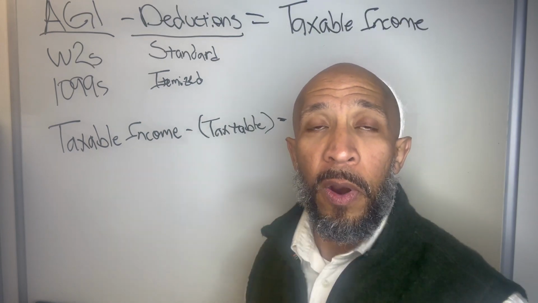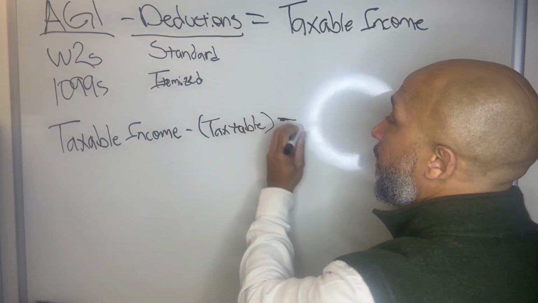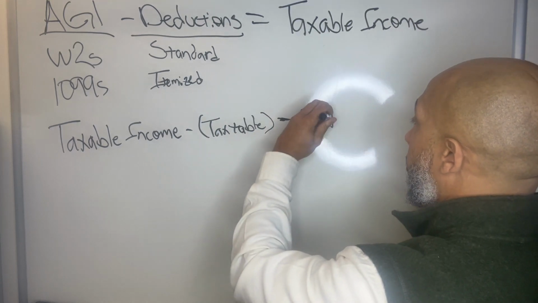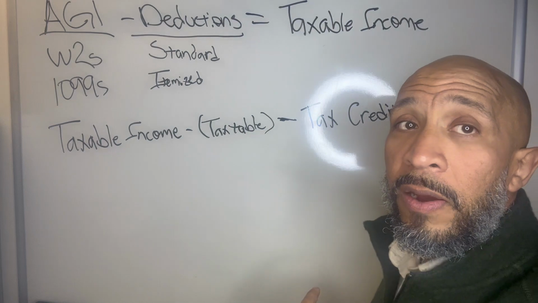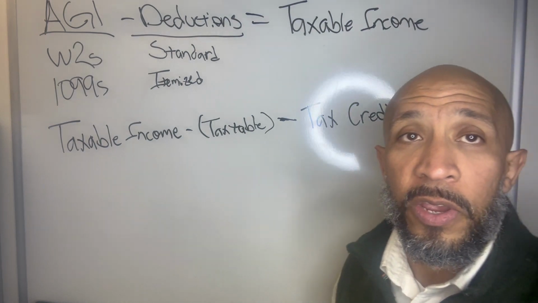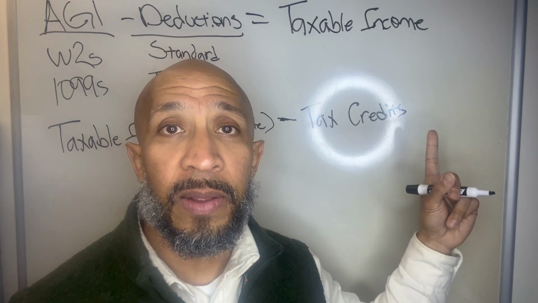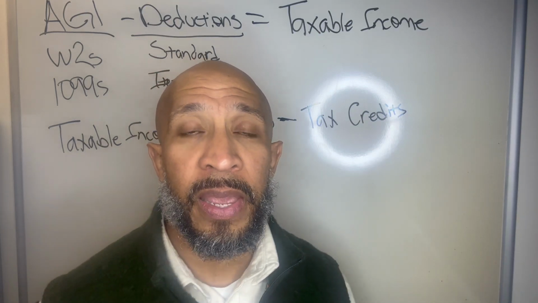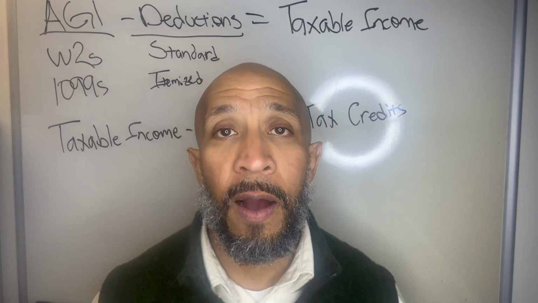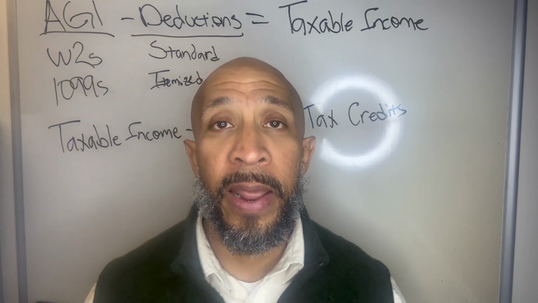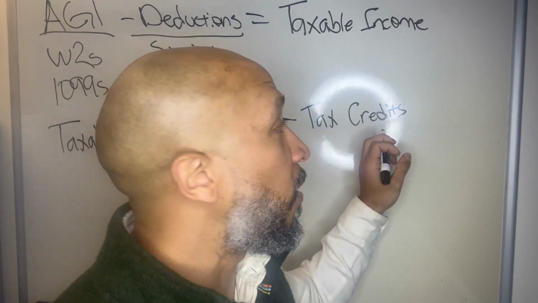However, there's one more calculation you put in there, which is called your tax credits. Now here is where you can add in as many as possible, whether it be an adoption credit or an energy credit, if you have solar panels or an electric car, earned income credit, all these credits subtract from the taxes that you owe, right?